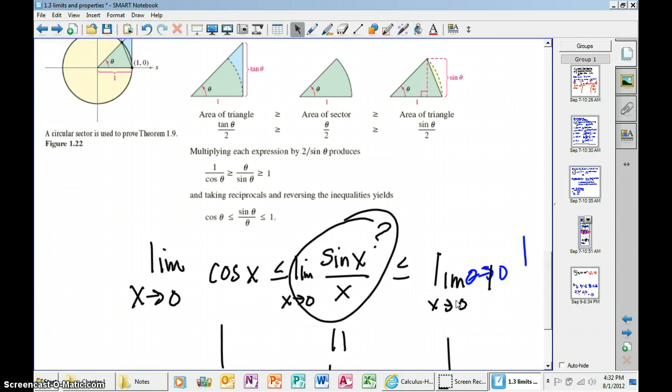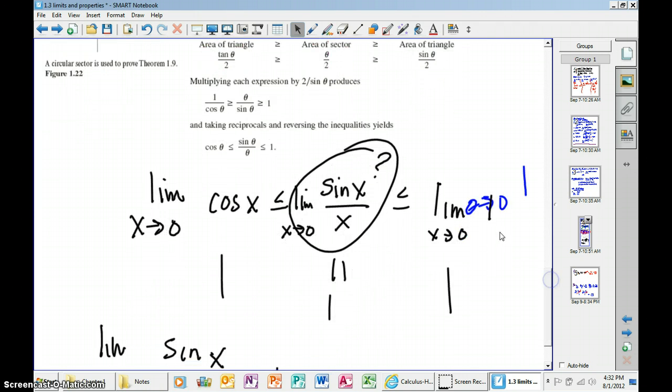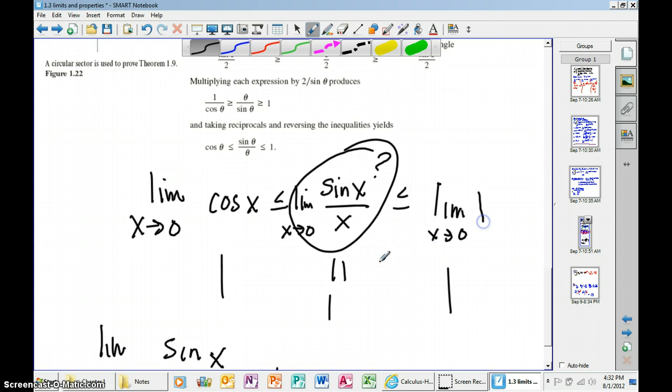The limit as x goes to 0 of cosine is 1. Let me erase that here. This is a little confusing. Alright, my bad. It happens.